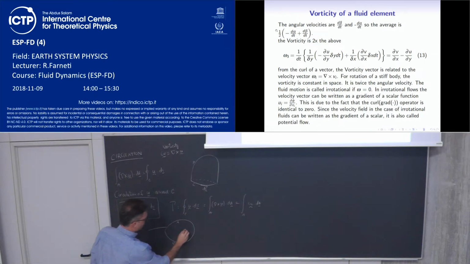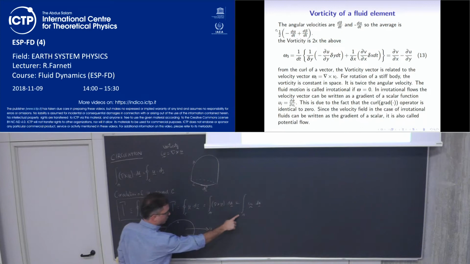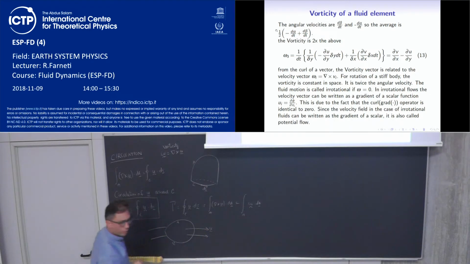If this is my vector field, in this case u, what circulation means is that the line integral of u around C is equal to the area integral of the vorticity of my vector field.